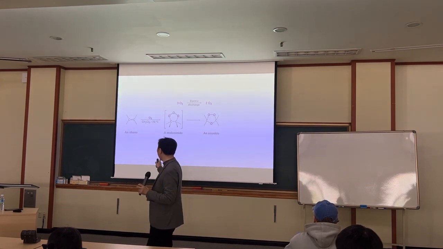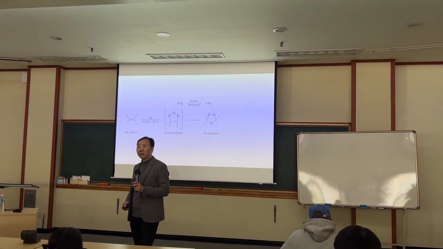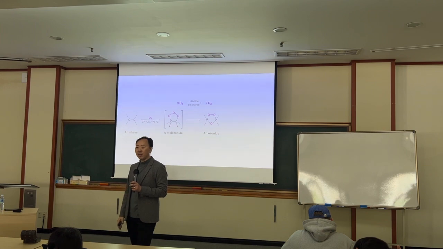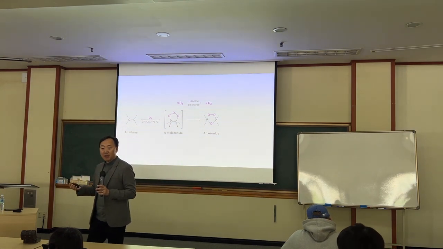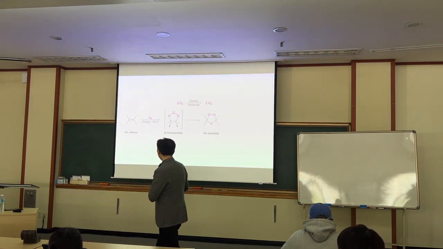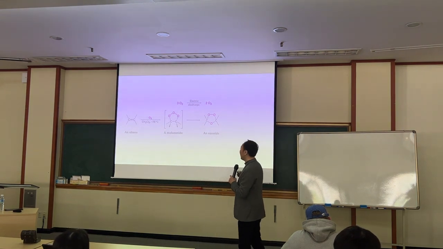O2 does not react directly with the double bond. If O2 reacted directly, then in our air, 20% of the molecules are oxygen, and none of those alkenes would survive. So that reaction is very slow, but O3 is very reactive. It forms this kind of intermediate and rearranges somehow.